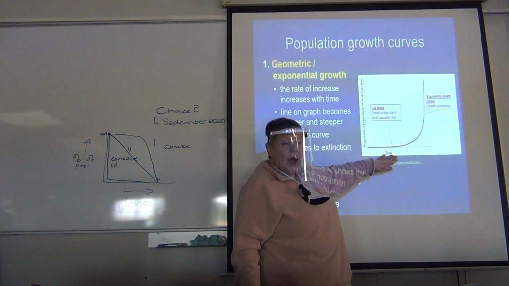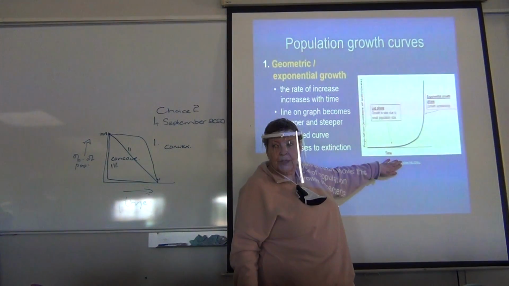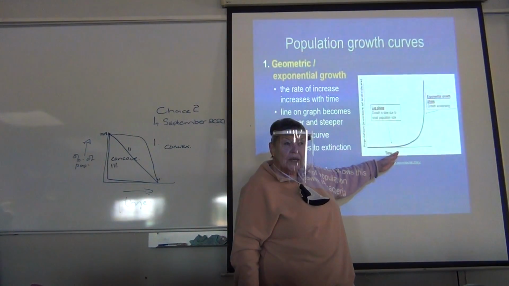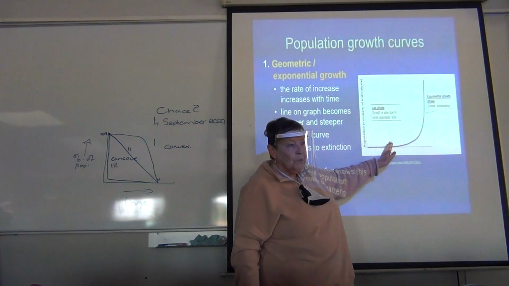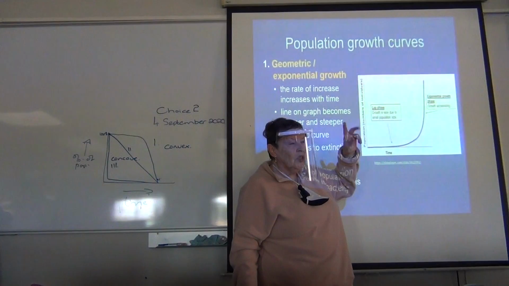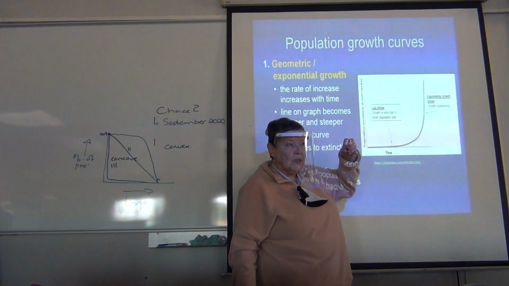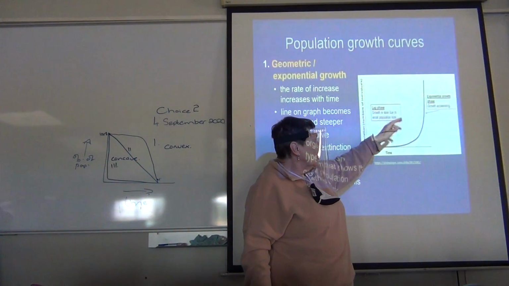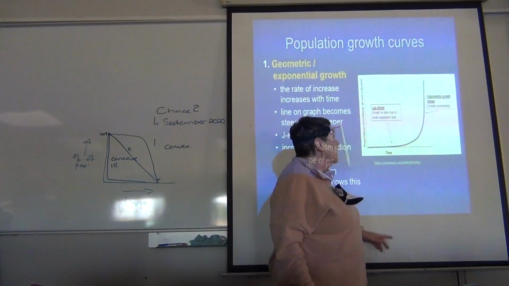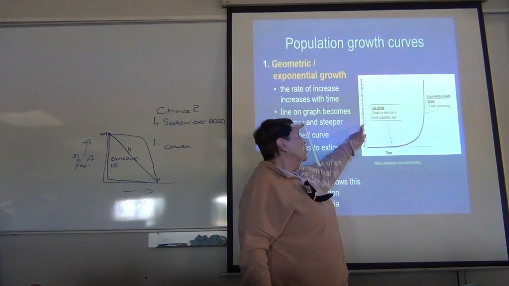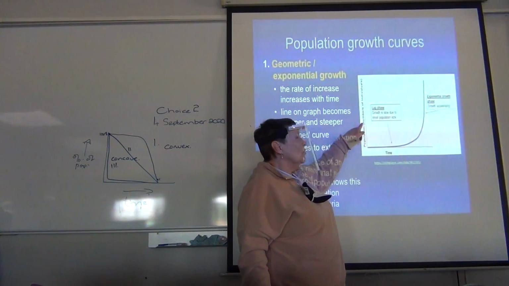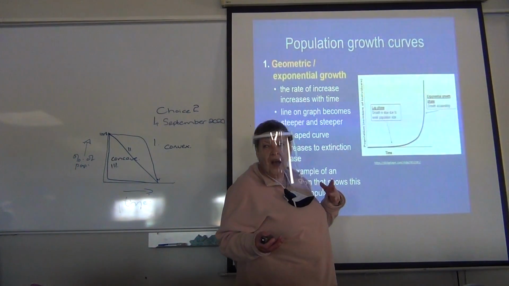If you're looking at bacteria, then time could be as simple as hours or days or maybe weeks, but probably hours, because bacteria, remember, one bacterium splits into two every 20 minutes, and therefore the population growth is really, really rapid. And then up here is the population, and in this case it says number of individuals, but it could be in thousands.